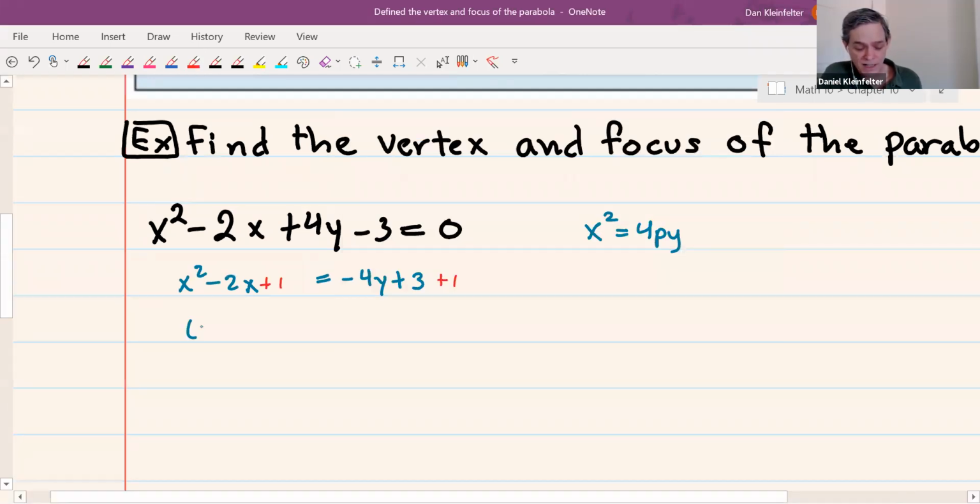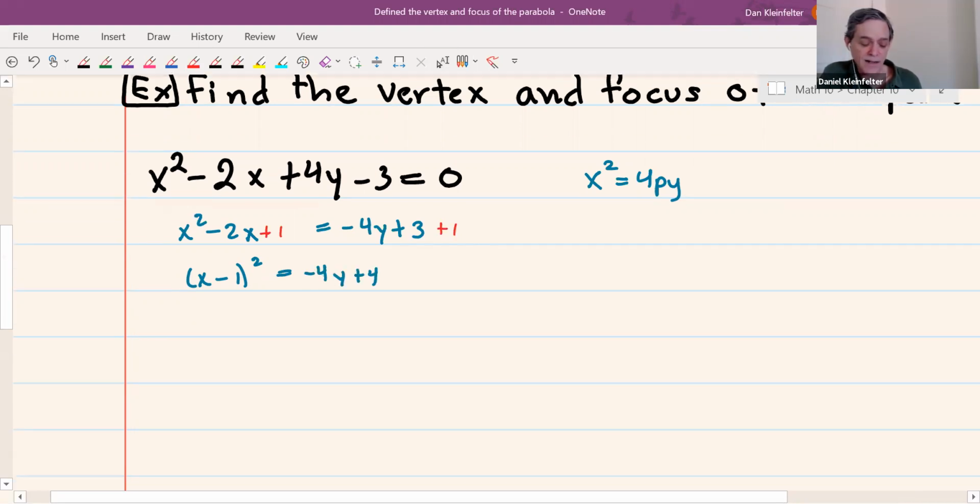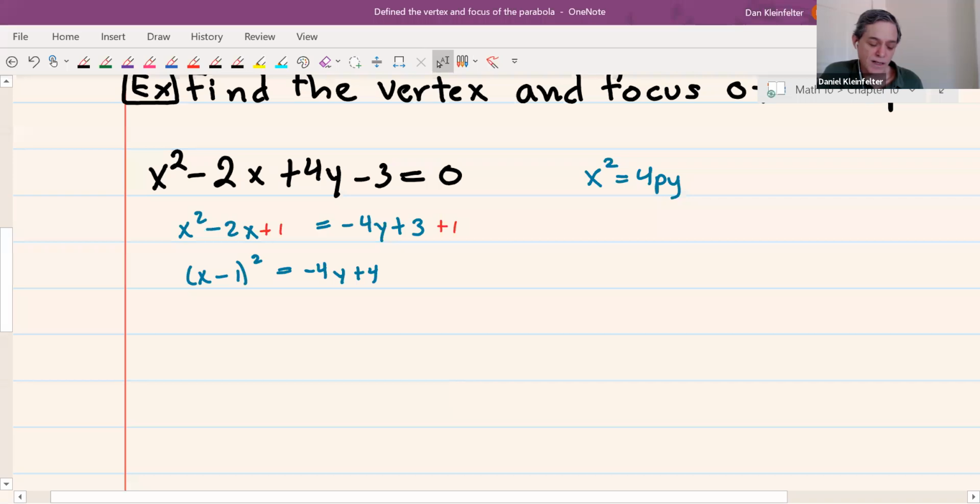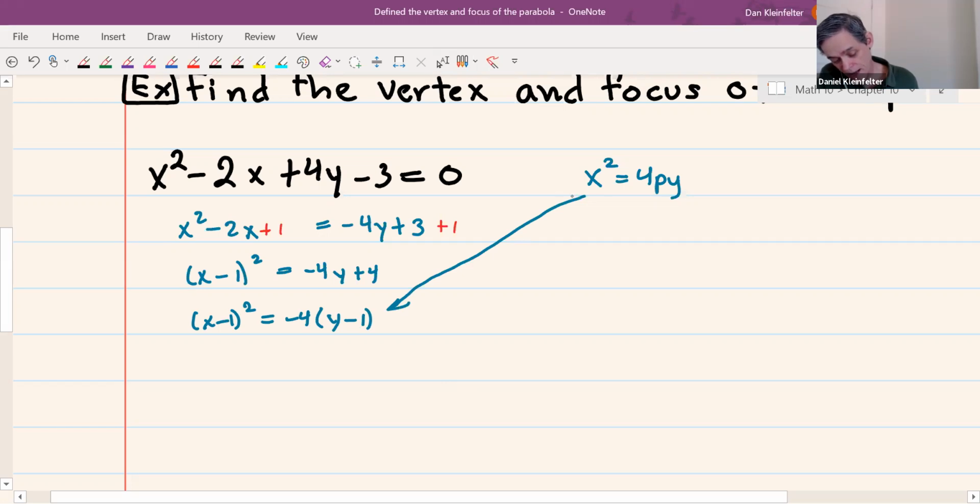Factoring, the left side will be (x - 1) squared. The right side is negative 4y plus 4, and we're going to factor out the negative 4. So we have y minus 1 inside the parentheses. That makes it more or less fit that pattern.